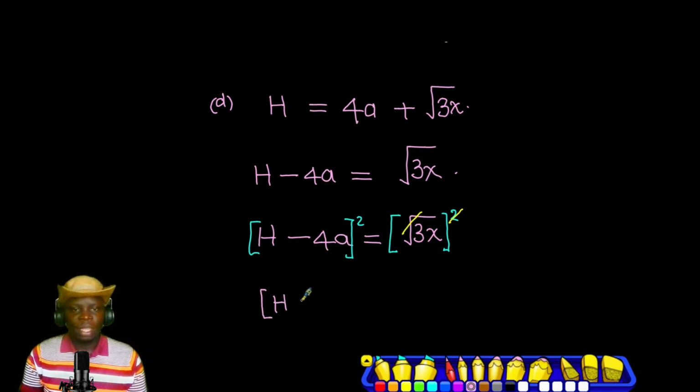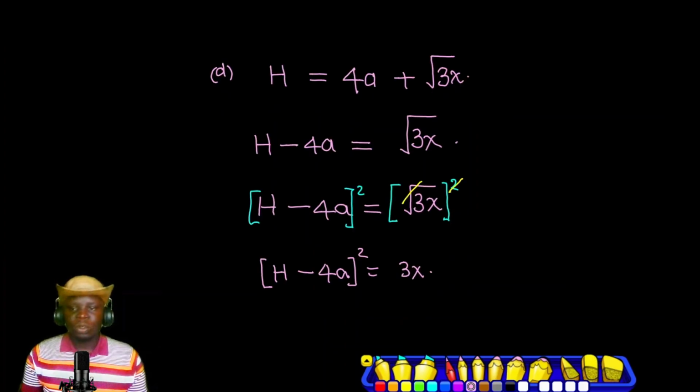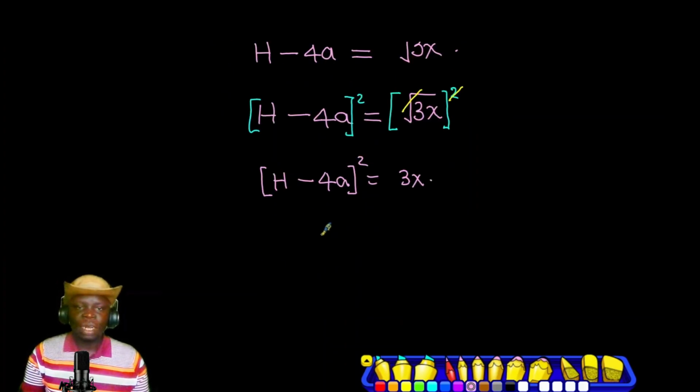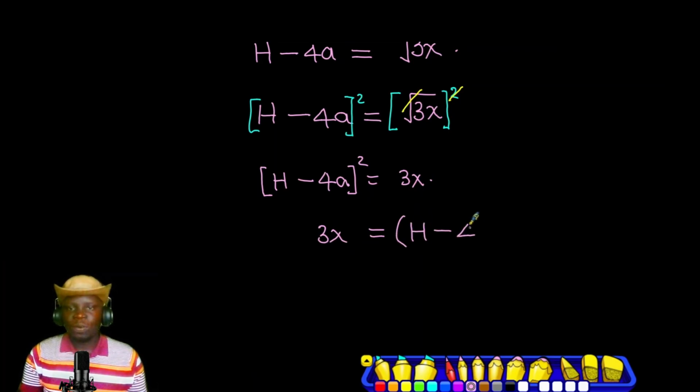I also want to swap the left hand side to the right hand side, and we have 3x equals, so since we have only one bracket, we just write our parenthesis here, and we have h minus 4a squared.